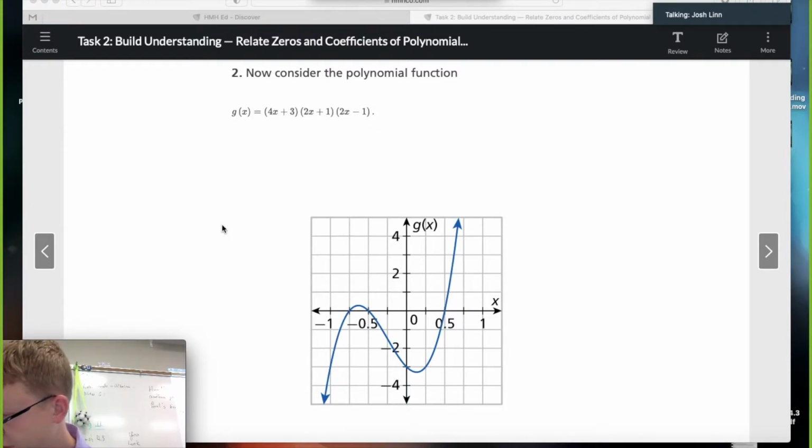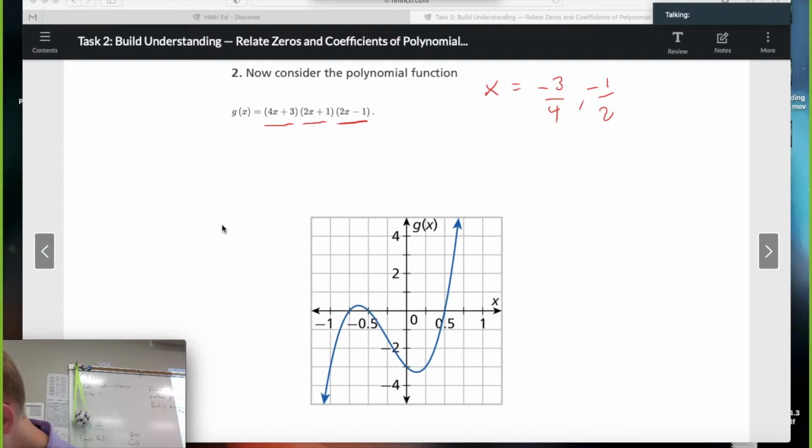So again, these are our roots, and our zeros would be x equals -3/4, -1/2, and then +1/2.